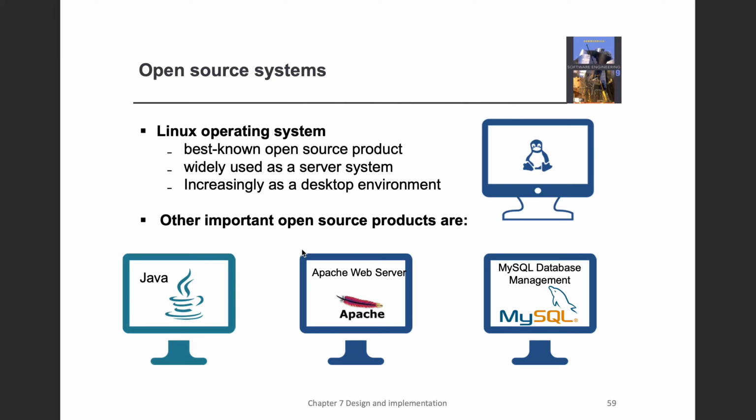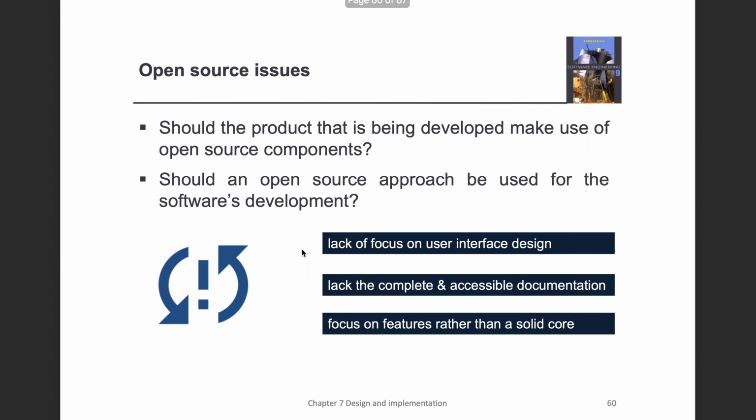It is free, and it's a widely used system for servers because most of the time it's free and it has all the components in there. And then we have other products also, like Java, the Apache Web Server, MySQL, PostgreSQL. All those are also open source applications that you can adapt and modify as and when you wish.